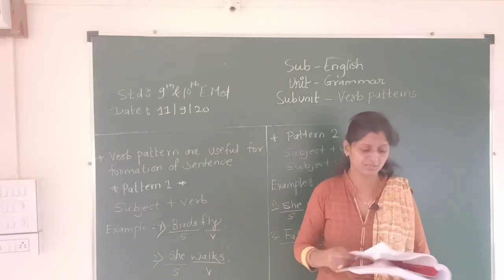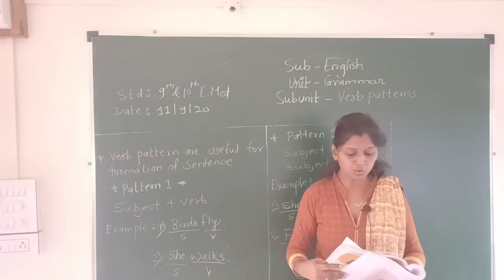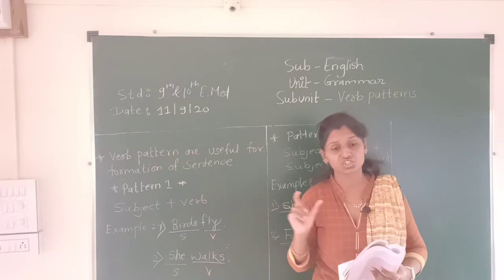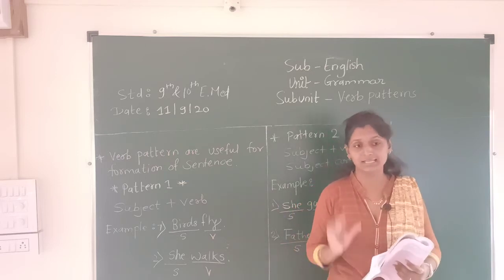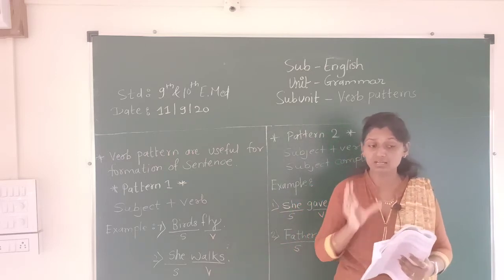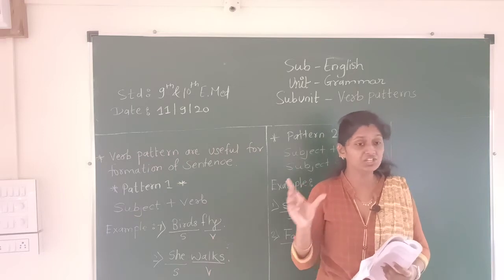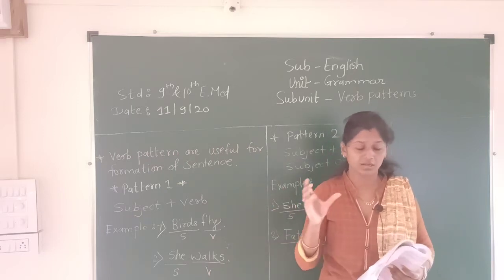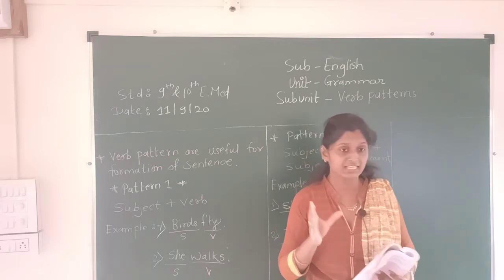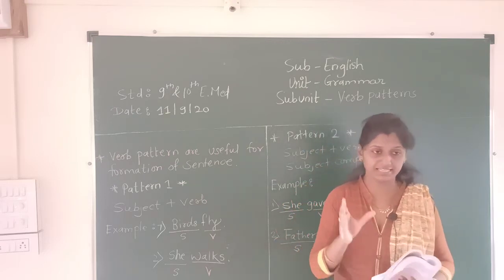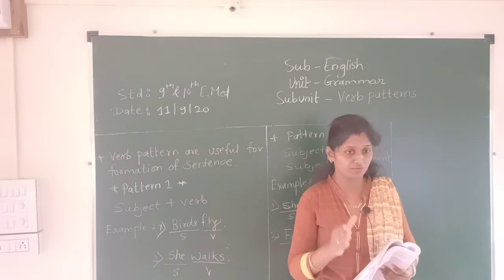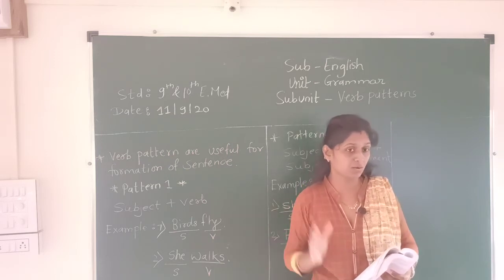Now more examples, like the moon is shining. In this sentence, the moon is the subject part and is shining is the verb part. Here, is is an auxiliary word, but we use it before the verb, attached with the verb.